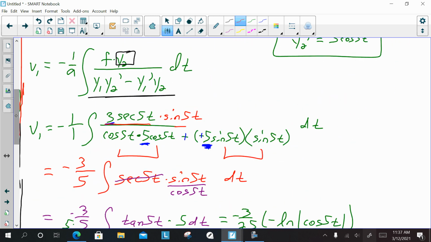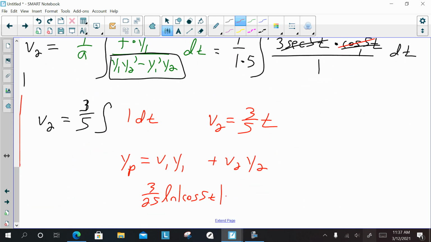Y1 was cosine 5t. V2, so 3/5 t, times y2, which was sine 5t. So that's our particular solution.